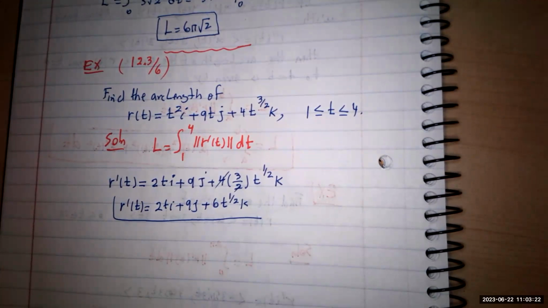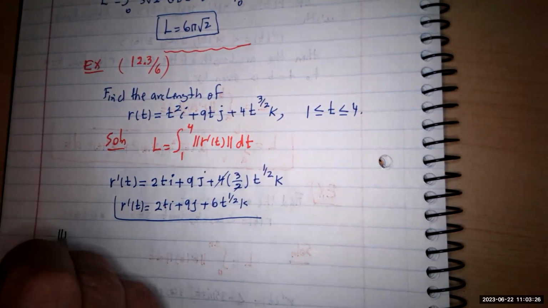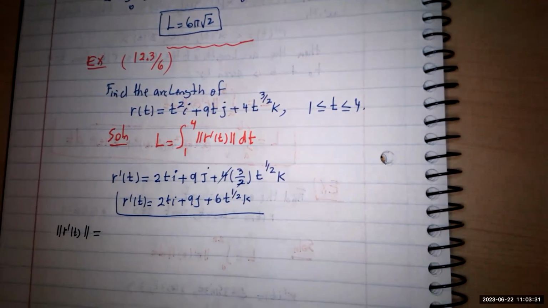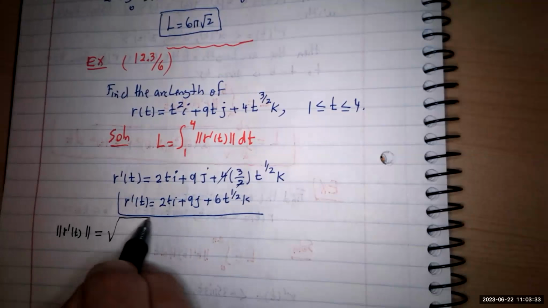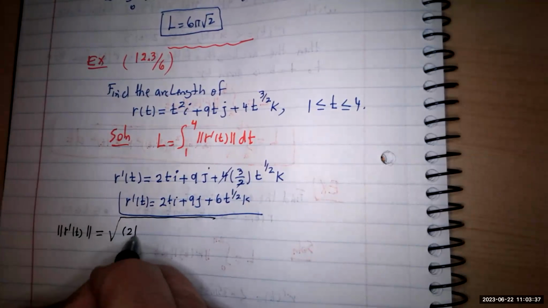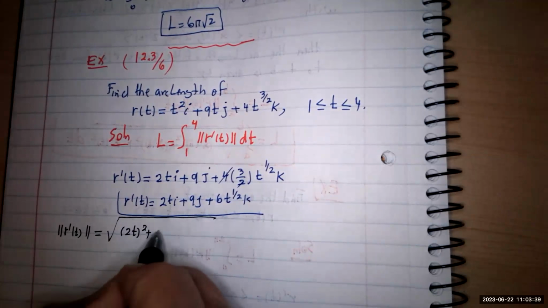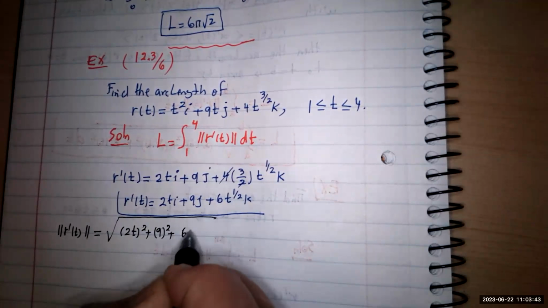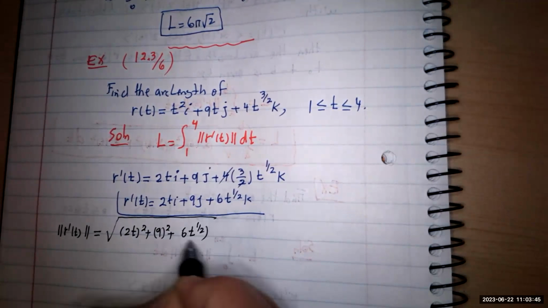Okay, if you find the norm, so the norm of the r prime of t is going to be equal to that square root. The square root components are going to be 2t squared, 9 squared, and 6t to the 1 half all squared.